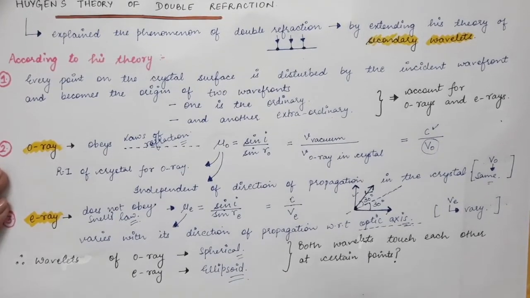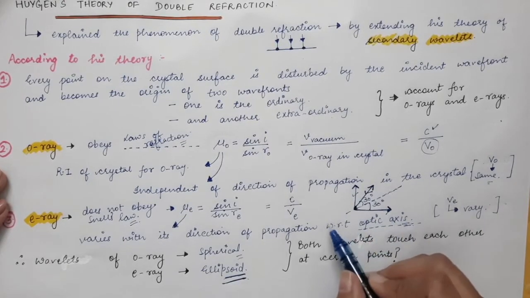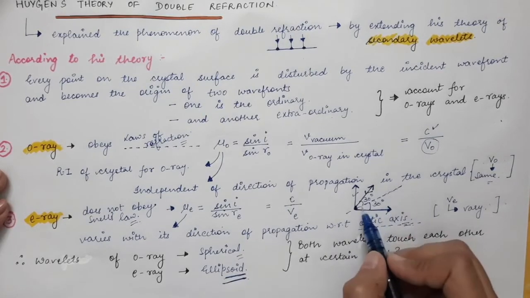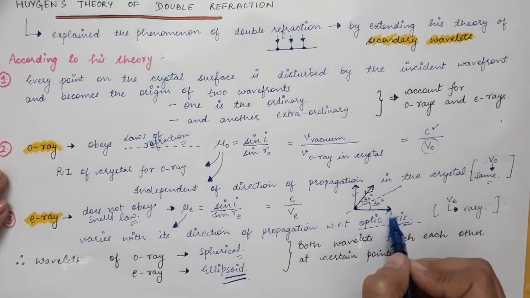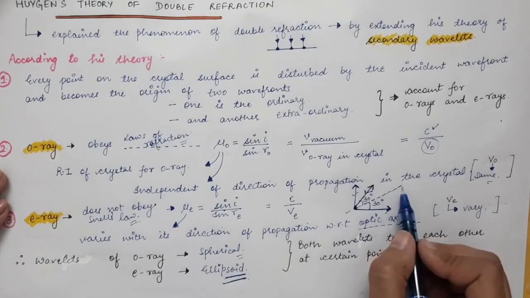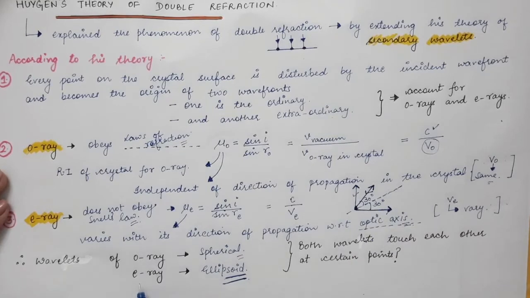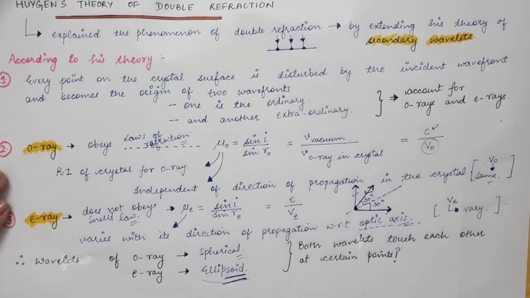We will also see on the next page that this ellipsoid for the E-ray will be symmetrical about the optic axis, because the crystal is always symmetrical about the optic axis. As we have already studied, the E-ray also experiences the same properties when it is equally inclined with the optic axis. So the wavelet of the E-ray is ellipsoid in shape, and this ellipsoid is also symmetrical about the optic axis.